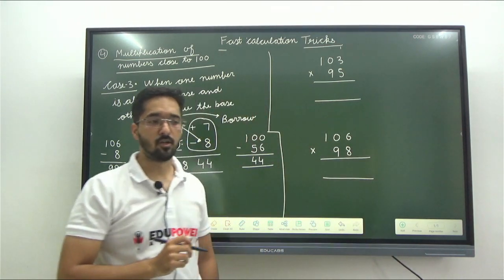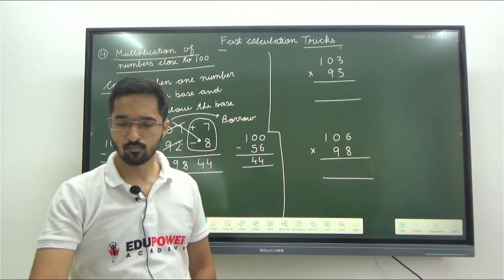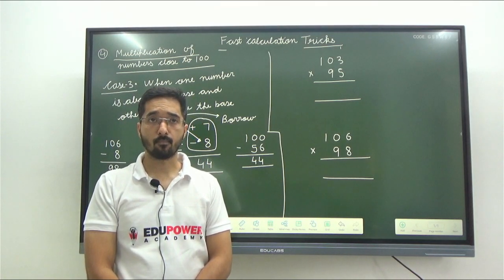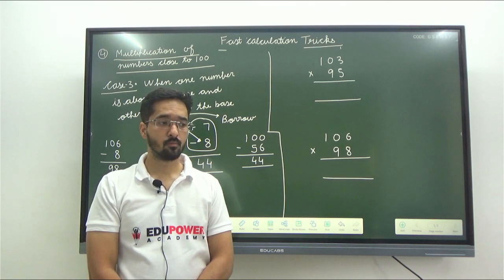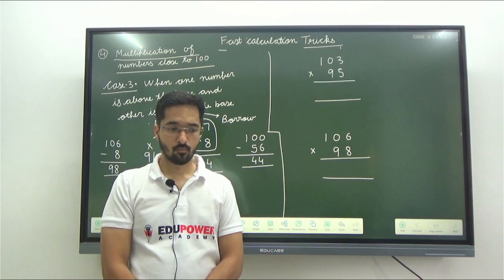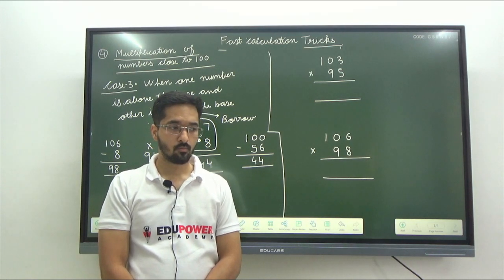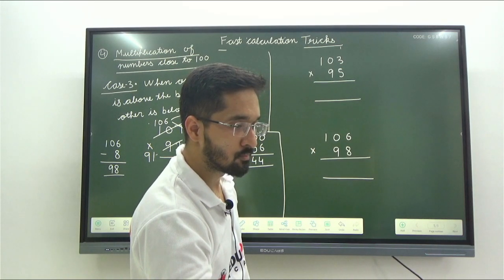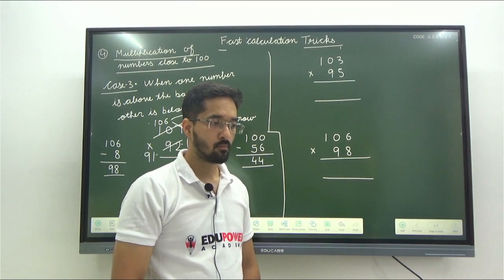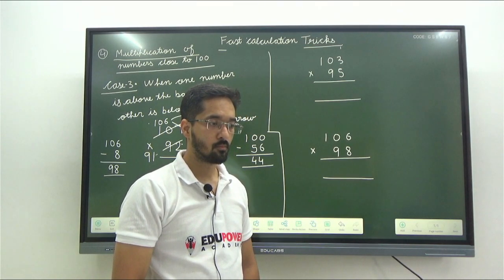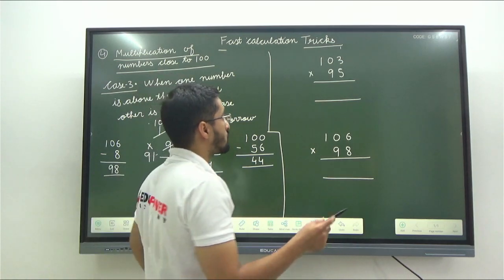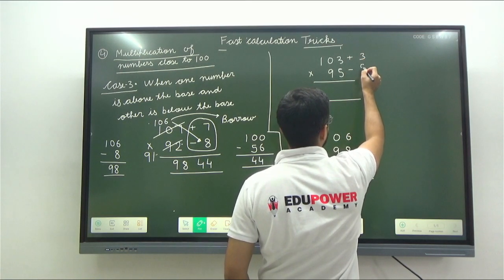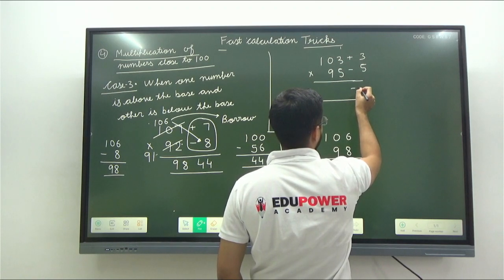Just find the answer and tell me. Okay, so let me solve it. 103 into 95, this is plus 3, minus 5, so plus 3 into minus 5 is minus 15.